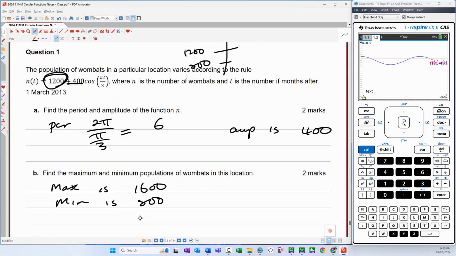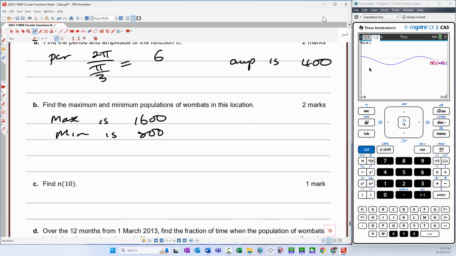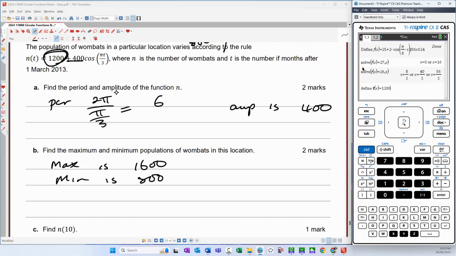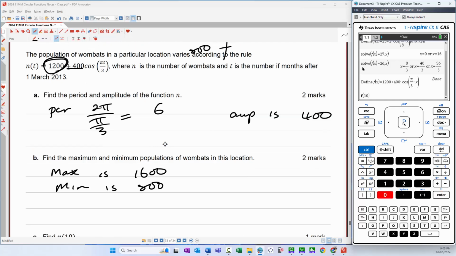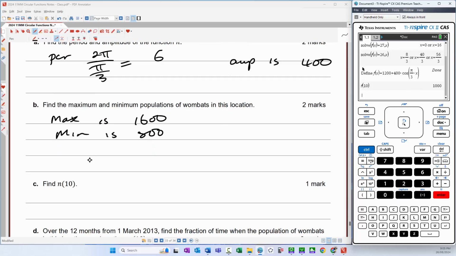Find n of 10. All right, well, let me go back and define this now. Okay, now n of 10, so we're going to go f of 10, 1,000.